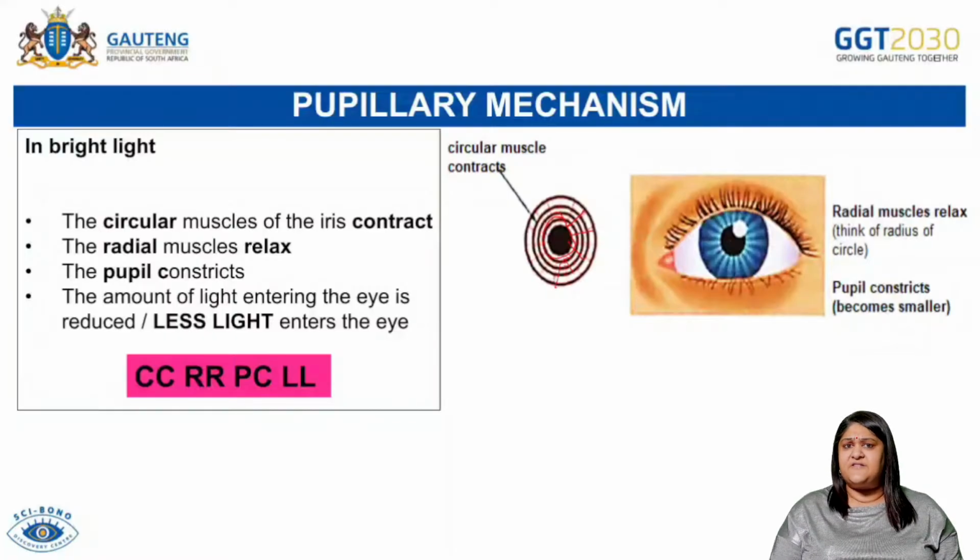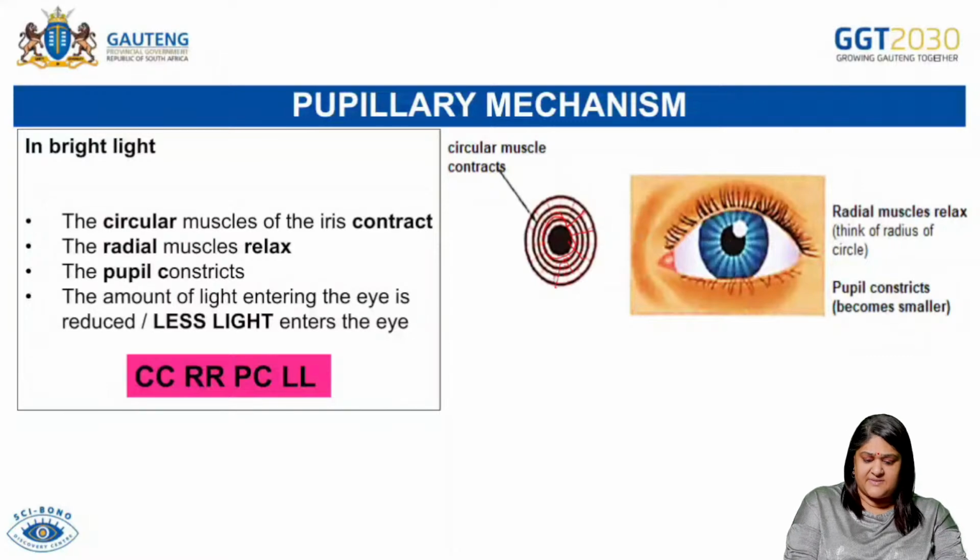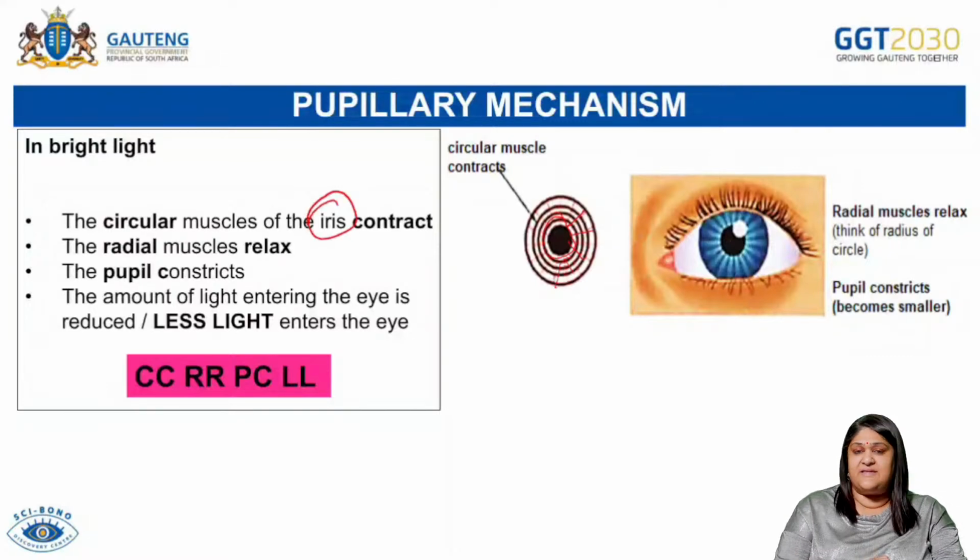Okay, now there's a few points that I want you to remember here before I tell you about the tips. When you are talking about the circular muscles, you need to mention that they are the circular muscles of the iris, because there are other circular muscles in the body, right? So you need to say it's the circular muscles of the iris. Then you can see here in this little description, we have bolded certain words that can help you remember.